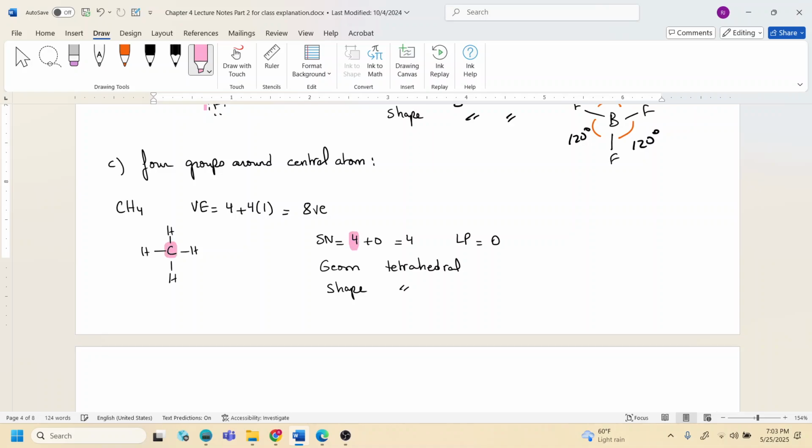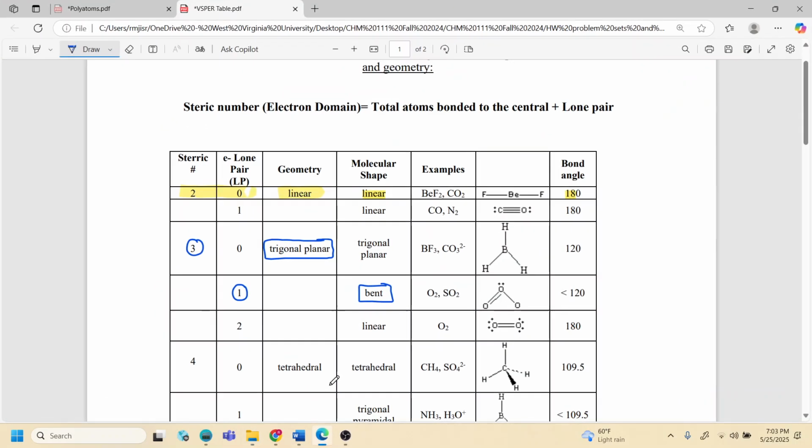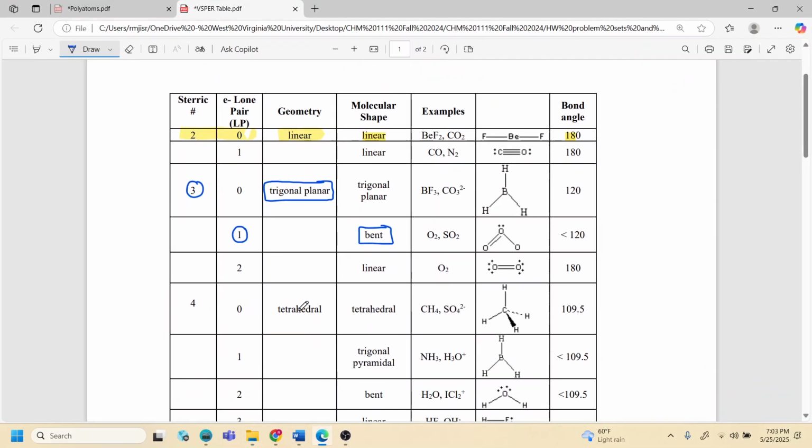This is steric number 4 because it does have four groups around it. Plus 0. So the 0 is going to be no lone pairs on the carbon. So this is why it is a 0. And we're looking at 4-0. 4-0 from the table. Please put the table in front of you, you guys. So 4-0, this is tetrahedral. And the geometry and the shape is going to be the same because the lone pair number is 0.